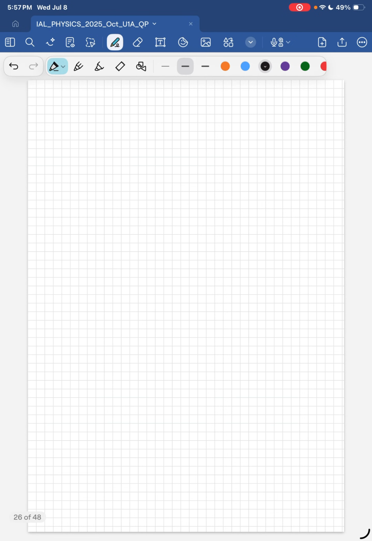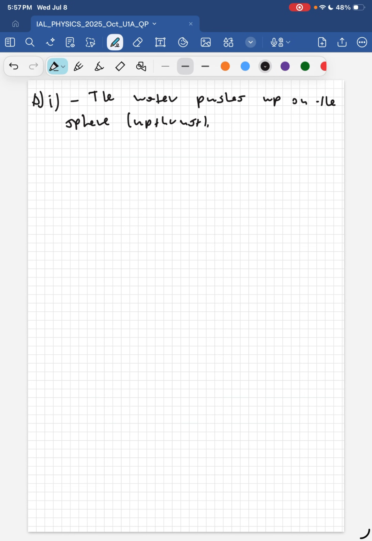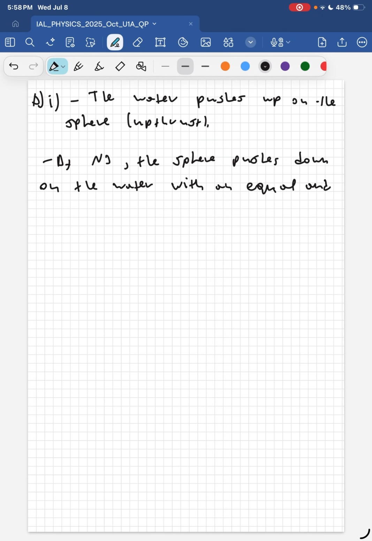Let's write down a few arguments. So the water pushes up on the sphere, right? And this is the upthrust. By Newton's third law, the sphere pushes down on the water with an equal and opposite force.